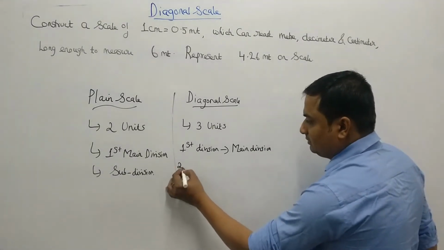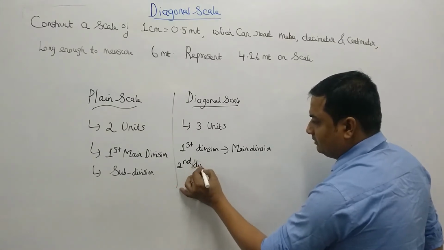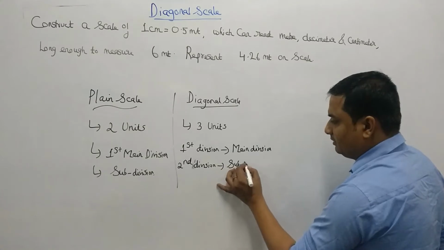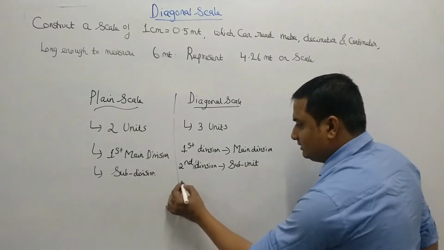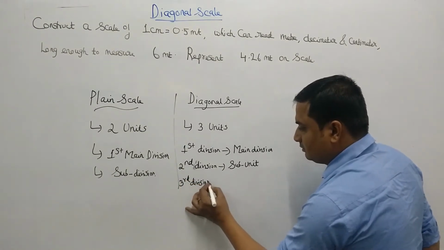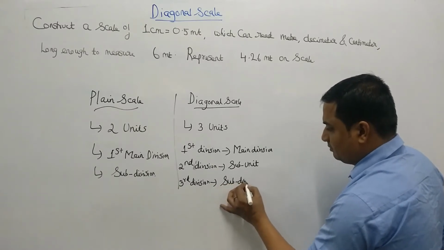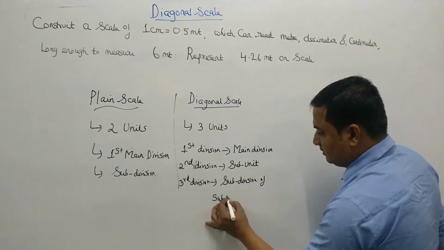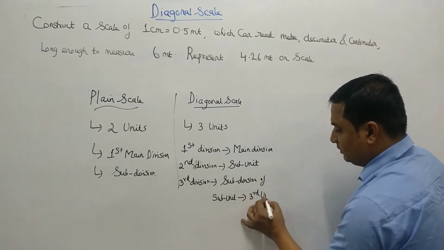The second division will be the subdivision, representing the subunit. The third division will be the subdivision of the subunit, representing the third unit.